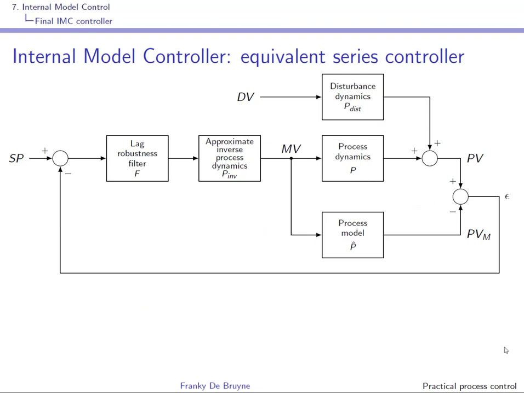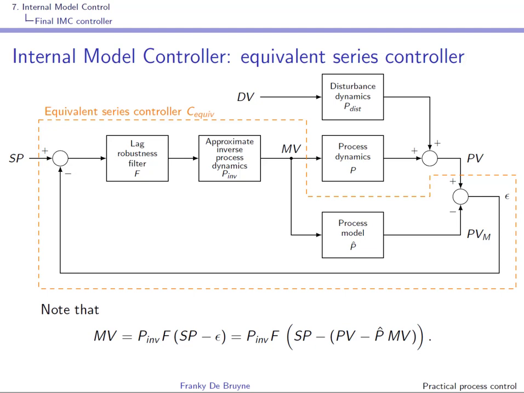Well, here we have the final IMC, internal model controller, and here you can see that this controller is a standard controller in the sense that it has an input setpoint, an input PV, and an output MV. This internal model controller, we would like to rewrite it as an equivalent series controller.